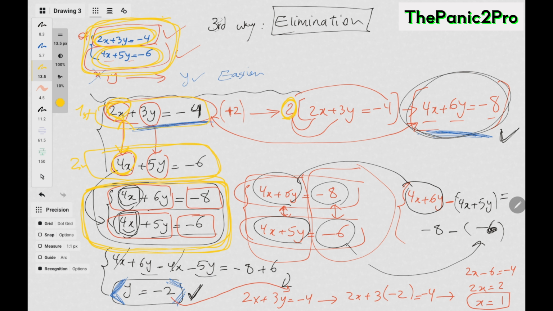And then subtracted left-hand side from each other and right-hand side from each other, and then simplified that, got y, and then I put y into the first equation, and then got x. That's all.